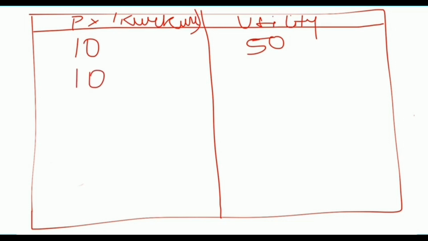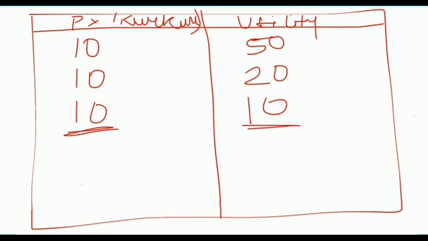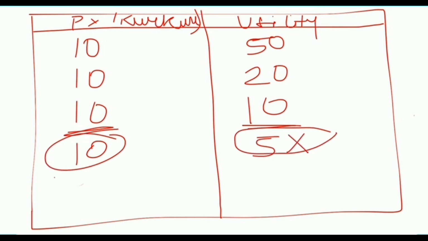When the price is again the same, that is 10, the satisfaction we are deriving is 20. And when the price is again the same, 10, the satisfaction is lower. Till that point, the consumer will continue to consume that good as the utility decreases. When the price is still rupees 10 and the utility goes to 5, the consumer will not buy or consume that product.